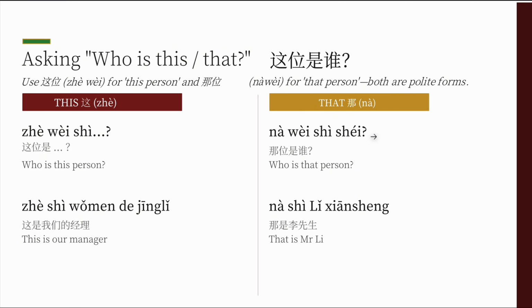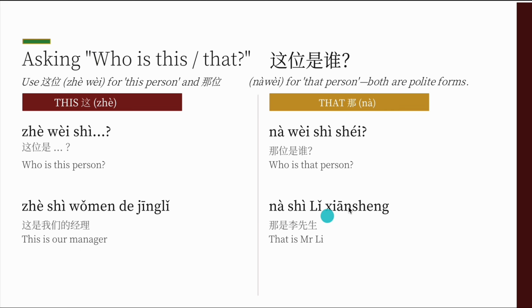But when the person is not there, and you're asking your colleague or your friend who that is, you can ask them, 那位是谁? You can even say, 那是谁? You can just remove 位. After all, the person is not in front of you. But if you really want to be polite, you can say, 那位是谁? Who is that person? And your friend will respond, 那是李先生.